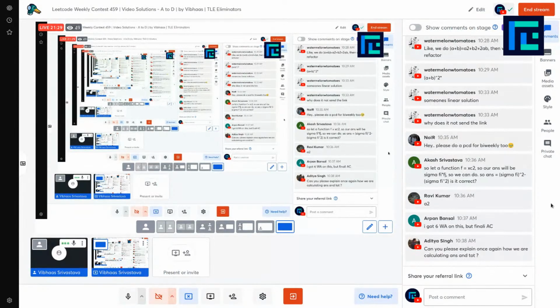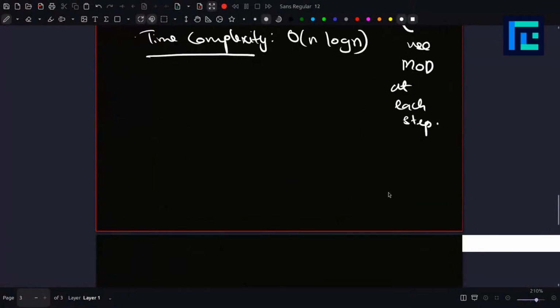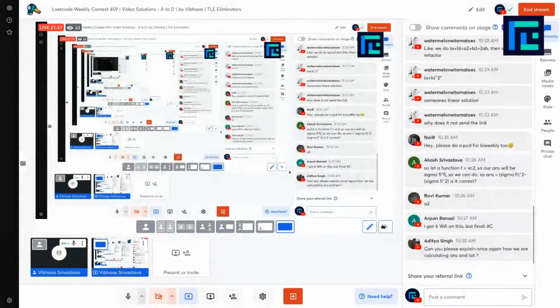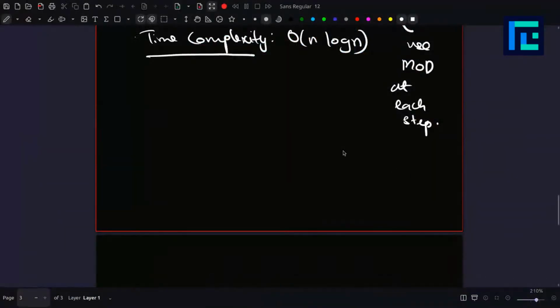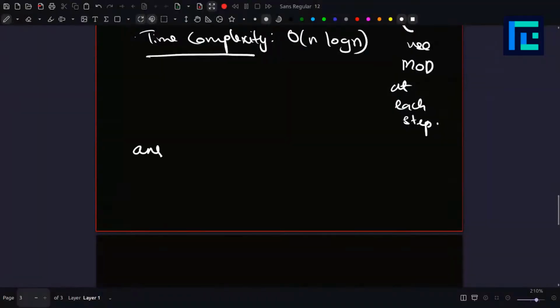How are we calculating ans and tot? So you must understand what ans means. What ans means is basically the final answer, which is the number of trapezoids formed.